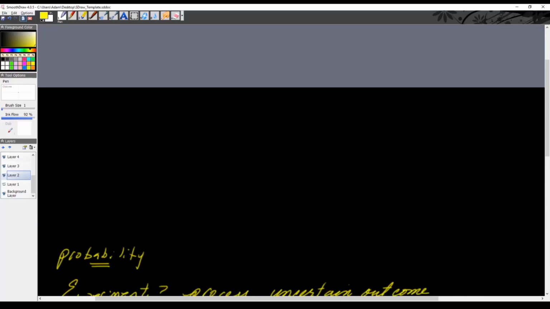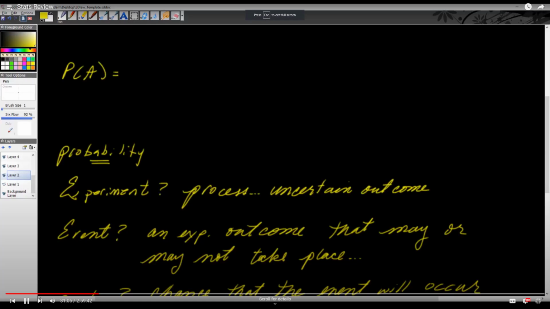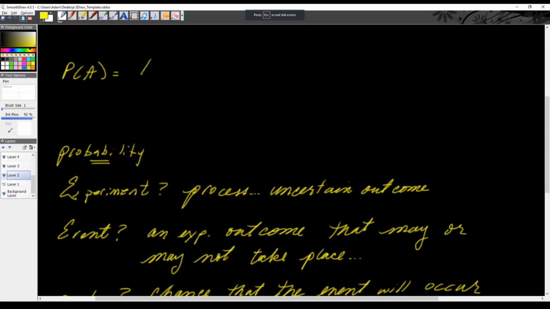So mathematically, the probability of A is equal to the limit, as the number of experimental trials approaches infinity, of N_A divided by N_exp.